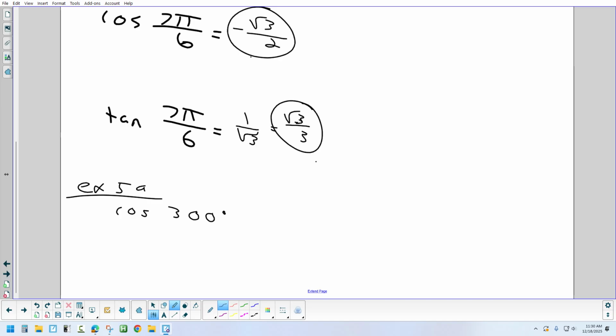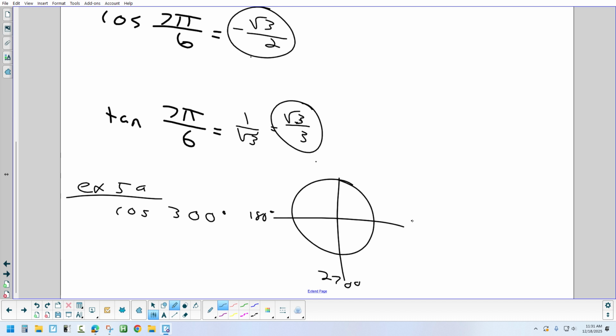What it's a multiple of? Right. And is that a multiple of 30 or 45? 30. So let's draw our diagram. 180, 270, 360. Where's 300? Yeah. Between 270 and 360.